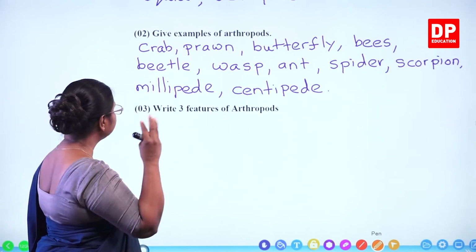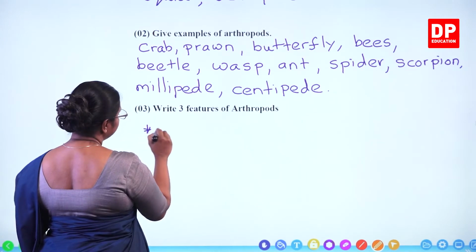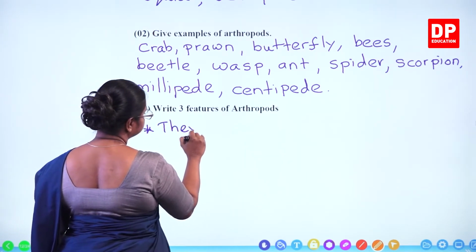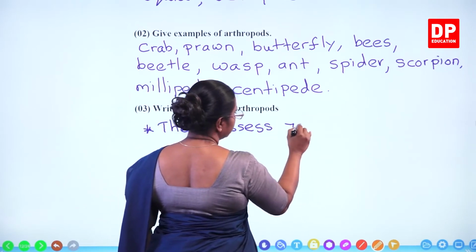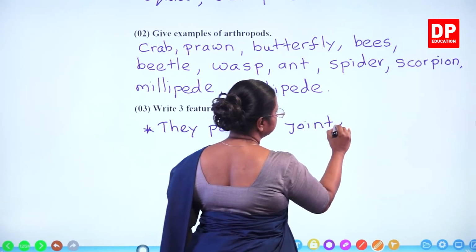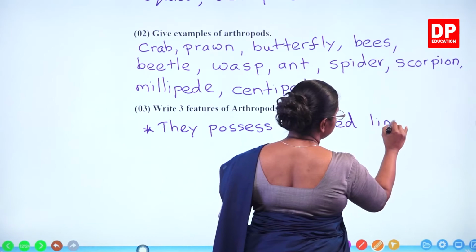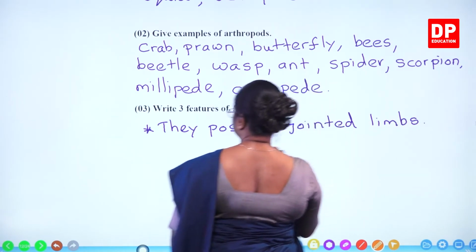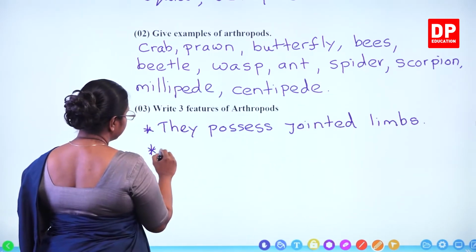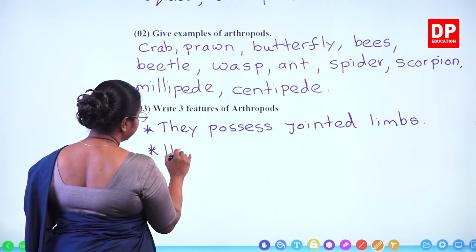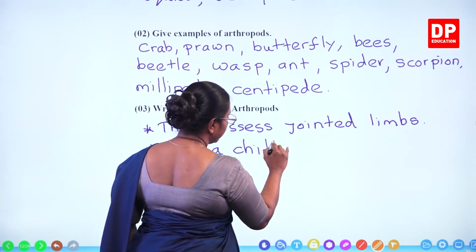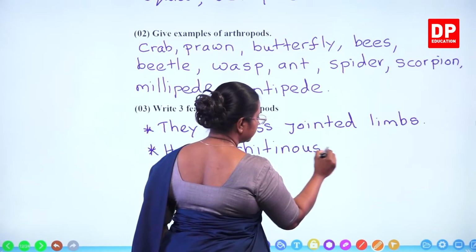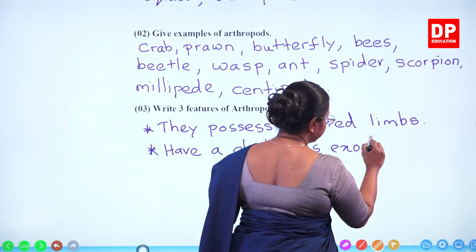So we need to write 3 features. We can say they possess jointed limbs or legs. Then we can say they have a chitinous exoskeleton.